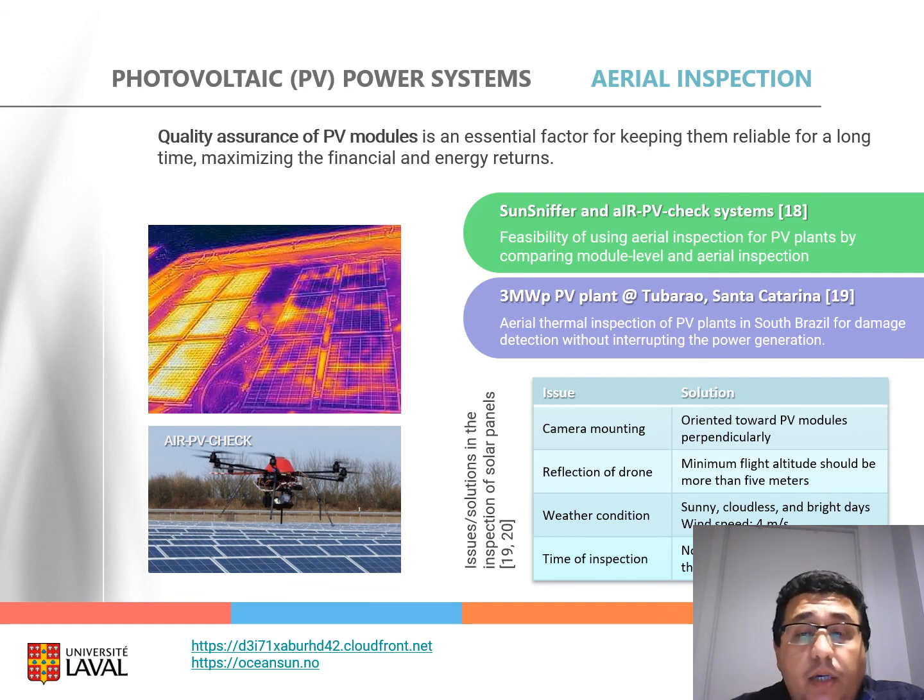Regarding weather conditions, the studies suggest that the inspection should be conducted on a sunny, cloudless, and bright day with a wind speed that does not exceed 4 meters per second. And also we have the time of inspection, for which different studies suggest different time frames.